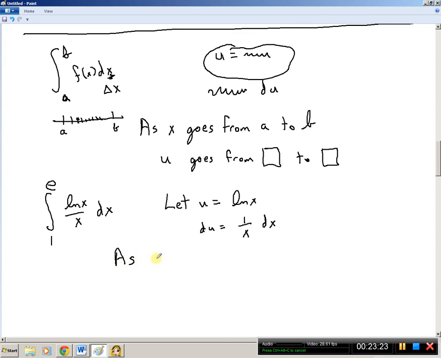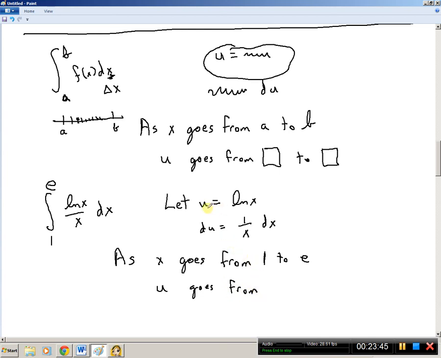So you write, as x goes from what to what? You just read that off the integral. From 1 to e, u goes from what to what?